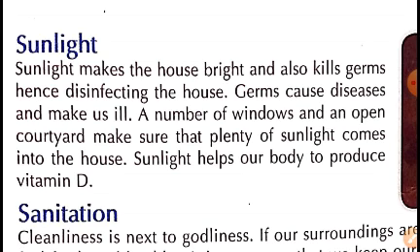There should be sufficient windows and doors for the air and sunlight to enter the house. So once again, doors and windows play a very important role in keeping the house brightened and germ free, by allowing a sufficient amount of sunlight to enter.